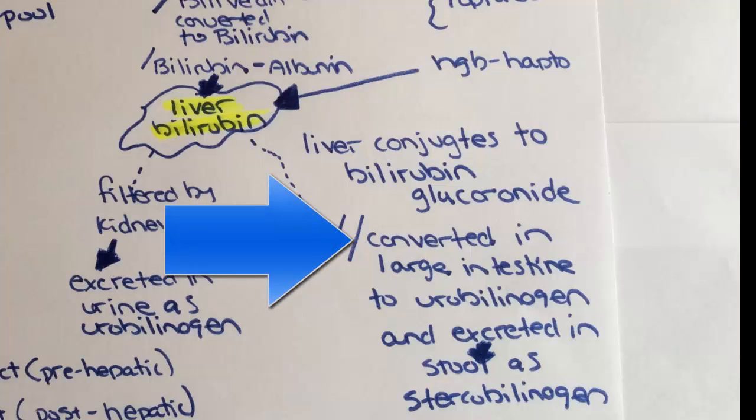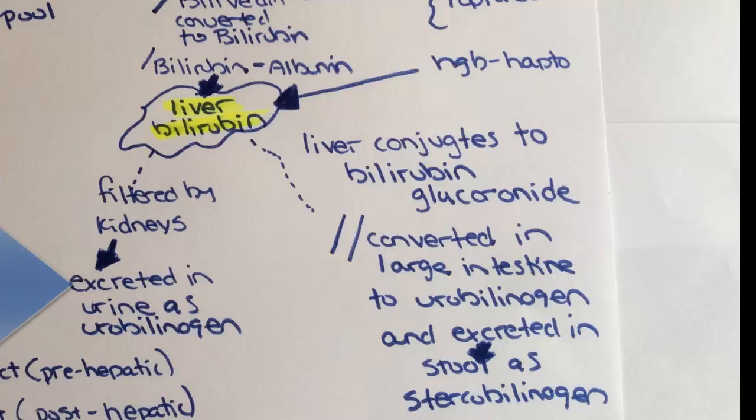It's then converted in the large intestine to urobilinogen and excreted in stool. But some of that urobilinogen is taken back up to the liver, filtered by the kidneys, and excreted in urine. So you can have a little bit of urobilinogen normally seen in your urine. Most of it, though, goes into your stool as stercobilinogen.